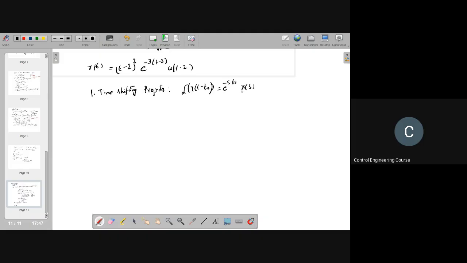The Laplace transform of the signal is multiplied with e to the power of minus s t naught. Good. The second property which I'm going to use here is the differentiation property.